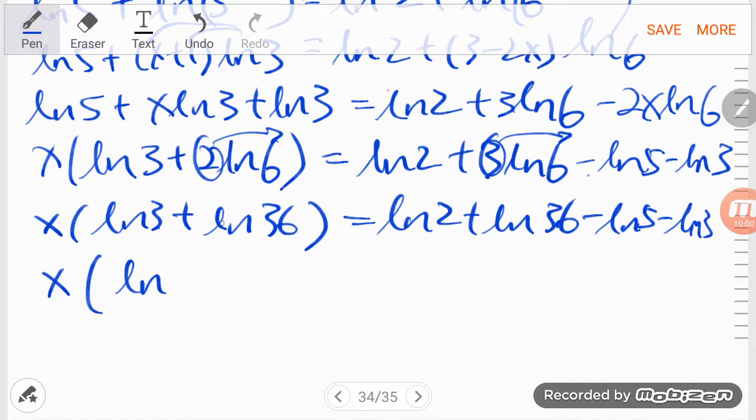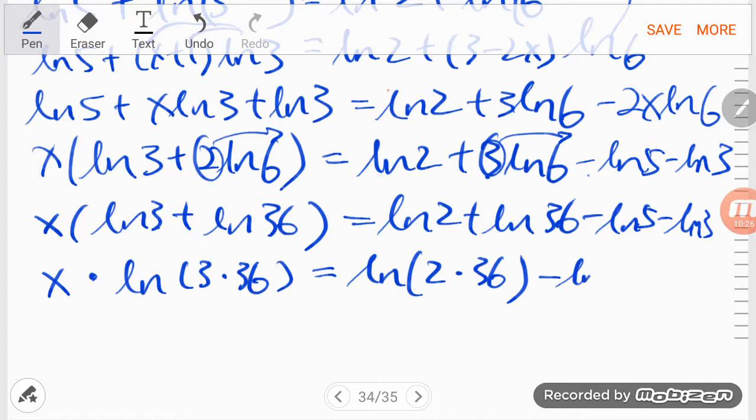So my x is equal to, okay, I'm going to keep the left-hand side the same. I'm not going to touch it, okay? So I will still have 3 times 36, that's 108. Is equal to, this is ln of 36 times 2, that's 72, minus ln 5 minus ln 3.